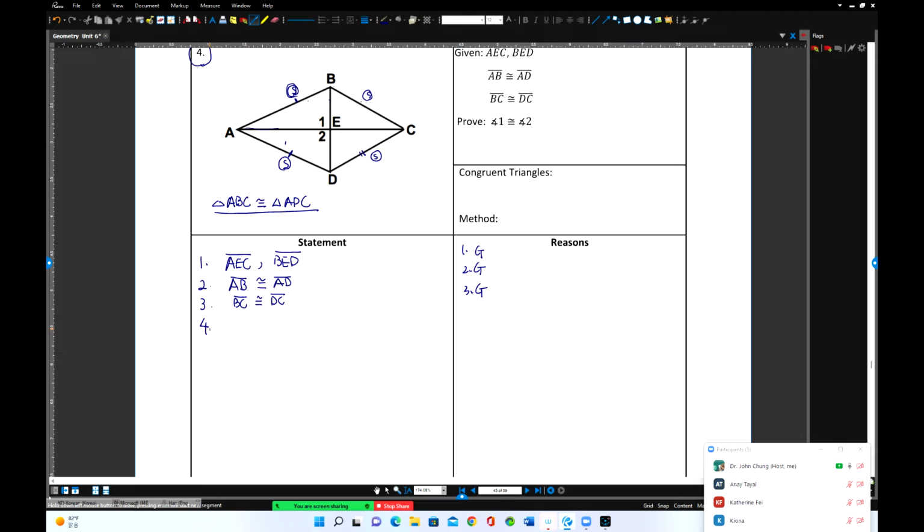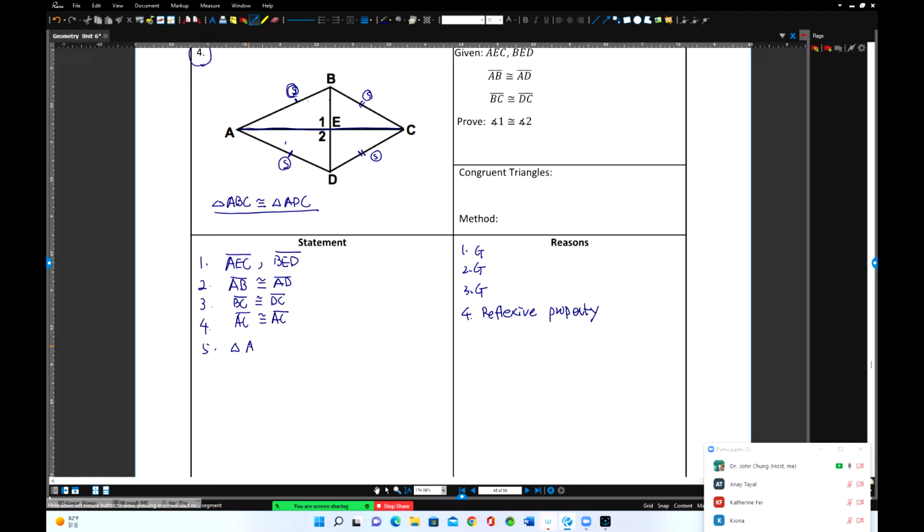We already got two sides, this side and this side. We need one more side, AC, all the way from A to C. That is reflexive, so AC and another AC are congruent by the reflexive property. From here we get one more corresponding congruent part.